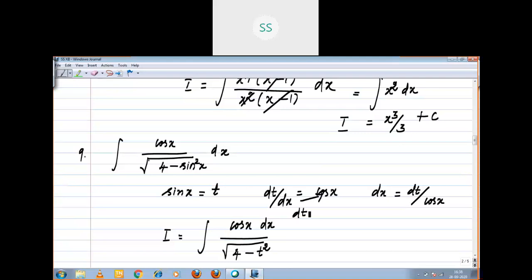Now cos x dx can be replaced by dt. That is enough. The step dx equal to dt by cos x, no need, I will erase it. Which is needed, that alone you keep in your original page. This one is not needed, so I erased it.